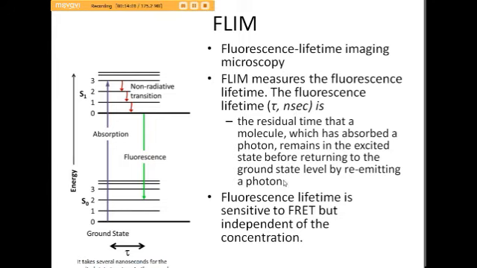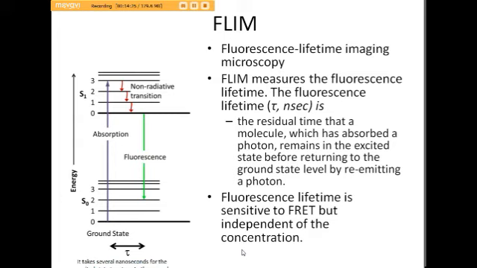The fluorescence lifetime is sensitive to FRET. That's why we can use fluorescence lifetime to measure FRET quantitatively. But fluorescence lifetime is independent of the concentration. That means whether the concentration is high or low, a particular fluorophore has the same fluorescence lifetime.